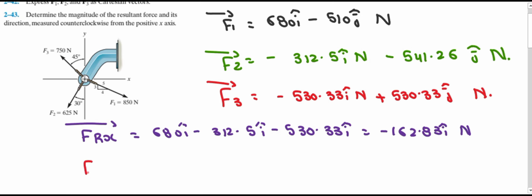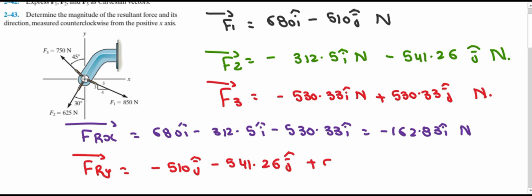For FRy, we add all the y components together. So it will become negative 510 j cap, with negative 541.26 j cap, with positive 530.33 j cap. So it will become negative 520.93 j cap Newton.